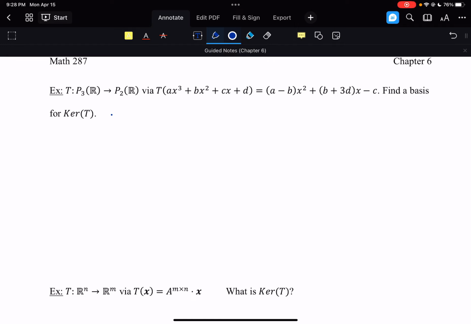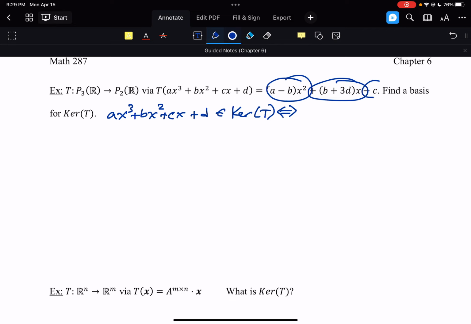So we'll have ax cubed plus bx squared plus cx plus d is in the kernel of T if and only if this side becomes 0. So in order for that side to become 0, this term has to be 0, this term has to be 0, and this term has to be 0.